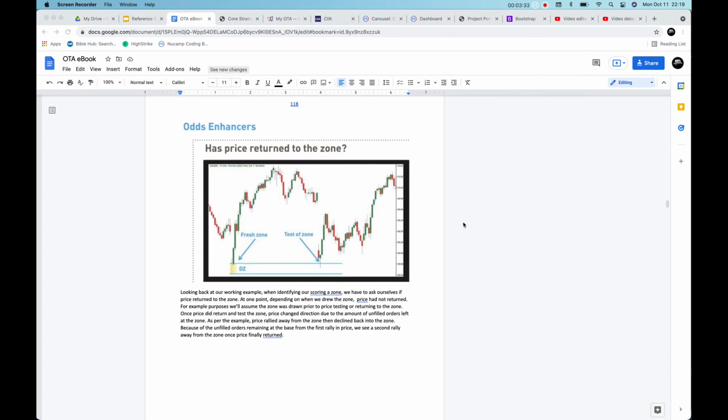So looking back at our working example that we have here, when identifying or scoring a zone, we have to ask ourselves, has price returned to the zone? Looking at this example, and this is going to be dependent upon when the zone was drawn, we're going to assume that the zone was drawn before the zone was tested. For example purposes, we'll just assume that it was drawn prior to.